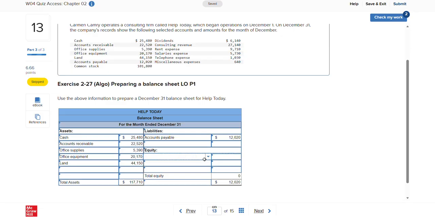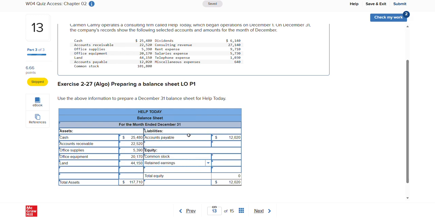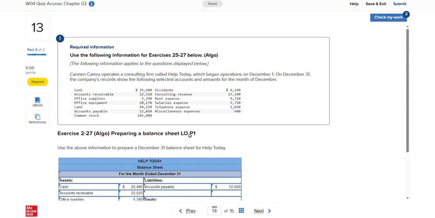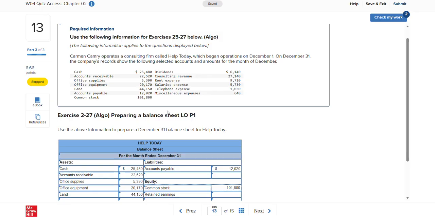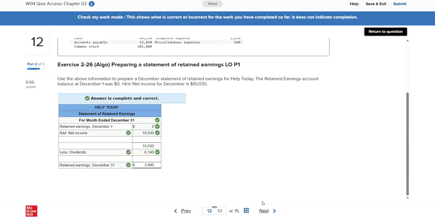And then our equity would be the common stock and retained earnings, which is what we got last time. Our common stock is 100,101,800, and the retained earnings were, let's see, what were the retained earnings from last time? 3890.